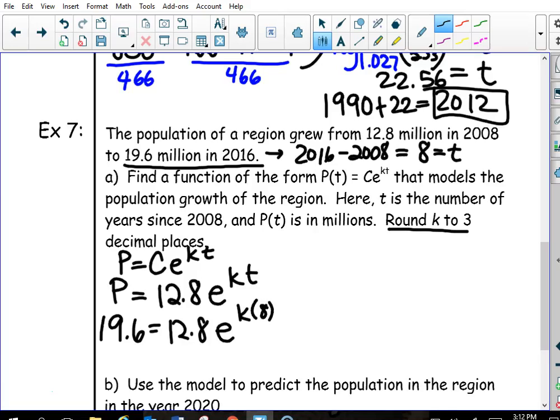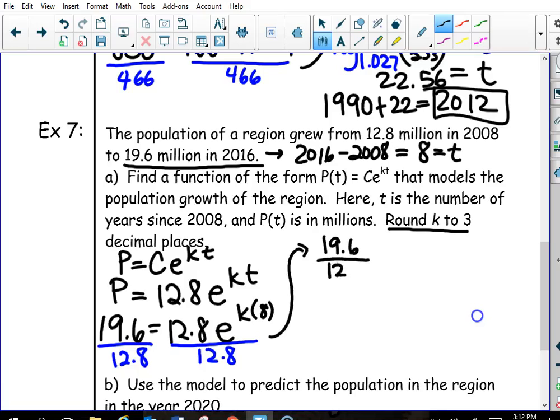First thing I'm going to do is some division. Get that base of the exponent all by itself. And those numbers can be reduced, but I'm just going to leave them like it is. I'm not going to mess around with the calculator trying to reduce those. So we get 19.6 divided by 12.8 is equal to e^(8k).